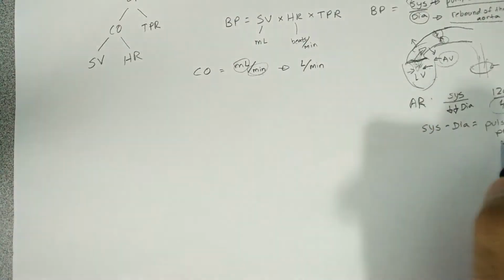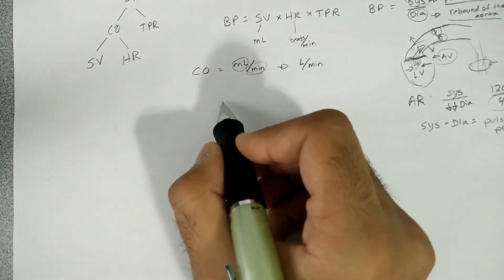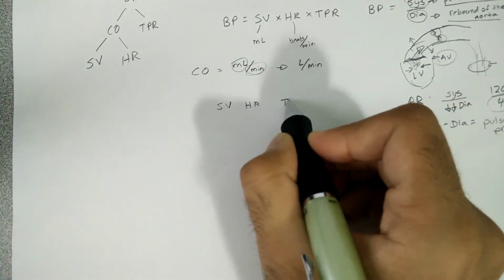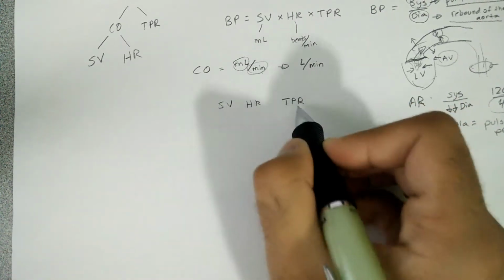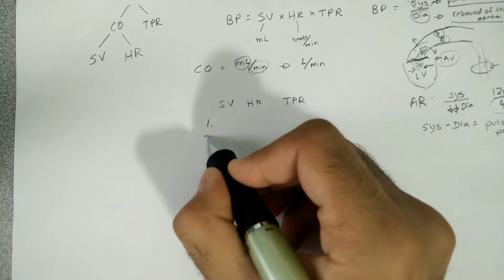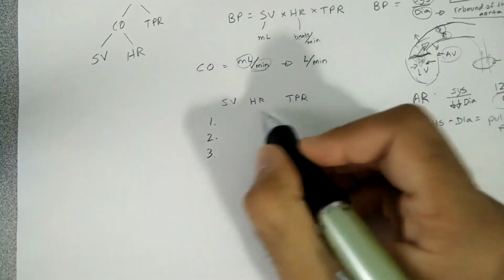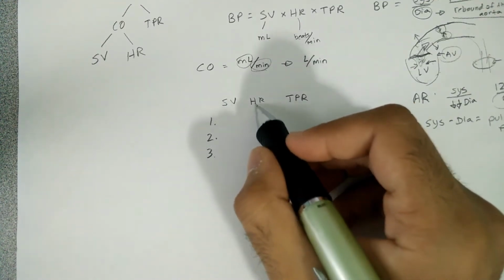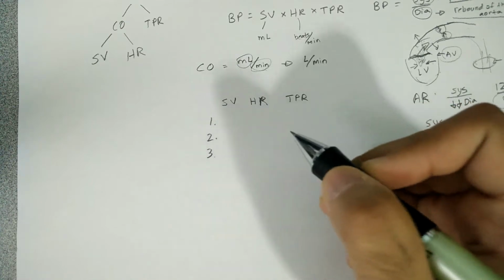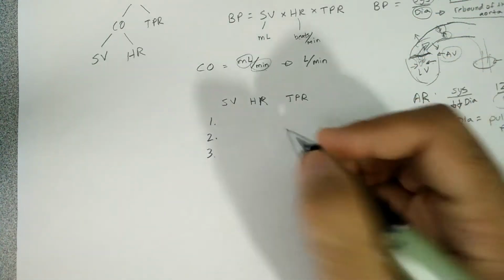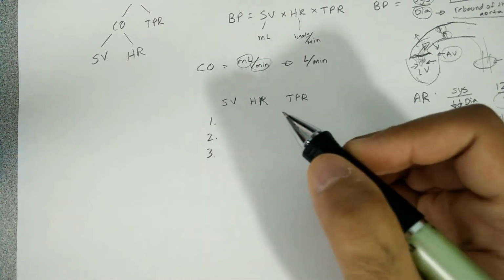Now let's go back to our discussion over here. So we had stroke volume, heart rate, total peripheral resistance. What determines each of these 3 conditions? There's 3 determinants of stroke volume that you have to know about. The heart rate is determined by the parasympathetic and sympathetic input going to the heart, and if we were to cut the sympathetic nerves and cut the parasympathetic nerves, what would the heart rate be at?